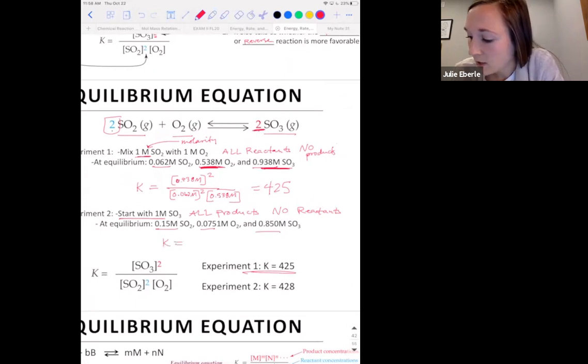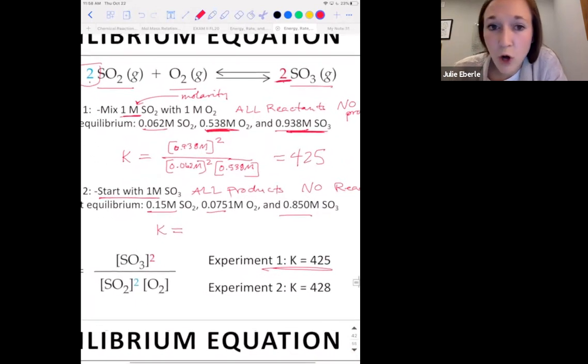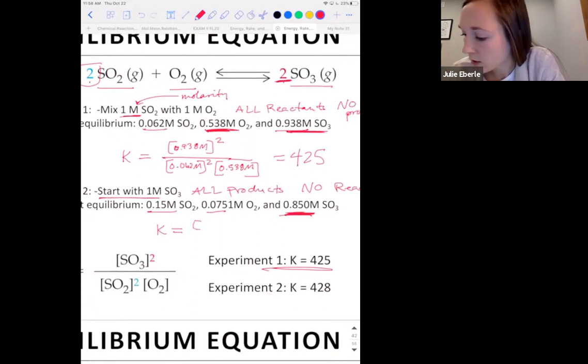So K would be equal to, remember, it's products over reactants. So here's our concentration for the product that goes on top, 0.850 molar. And we're going to square it because the coefficient for that product is 2. On bottom, we put in the equilibrium concentrations of our 2 reactants. So that is 0.15 molar.